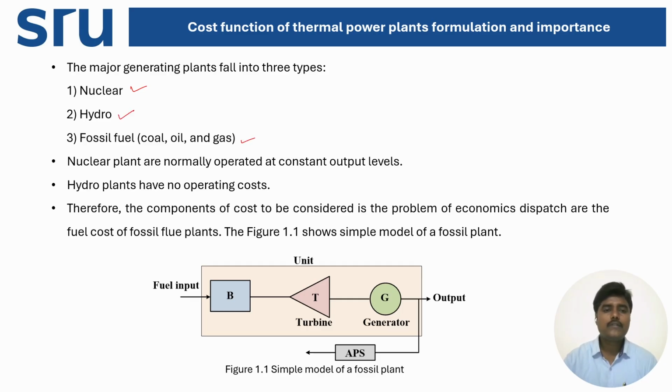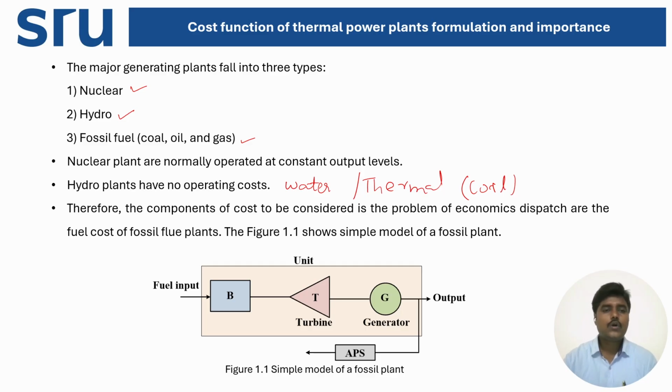Nuclear power plants are normally operated at constant power output levels. Hydro plants don't have any operating cost because the input is water, which comes free of cost. In thermal plants the fuel input is coal, so we have to spend some money.